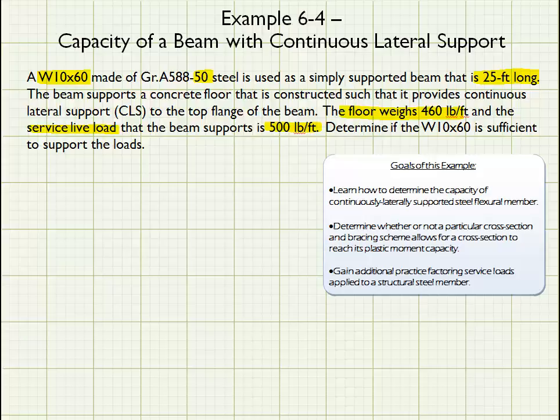One of the first things I like to do when presented with a problem such as this one is to make a sketch of what is going on. So we have a beam that's simply supported. The beam is 25 feet long. It's a W10x60.